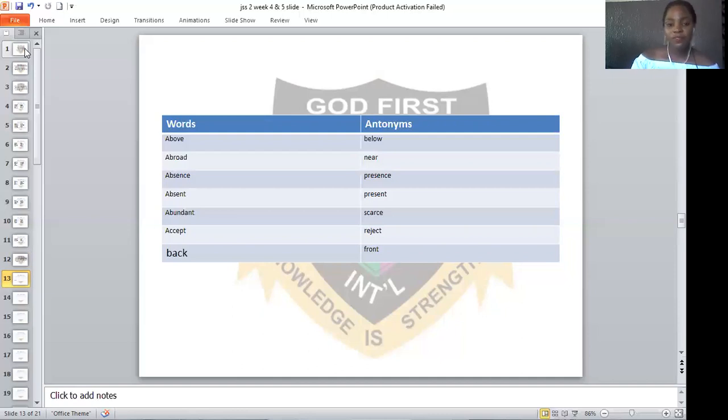Back and front. Also, we have bad, good, barbaric. They practice a barbaric culture. They practice a civilized culture. Beautiful, ugly, before, after, below, above, bent, straight, cease, begin.